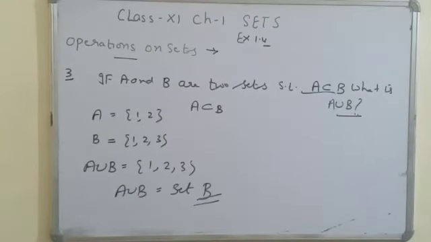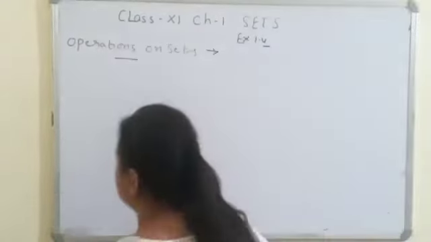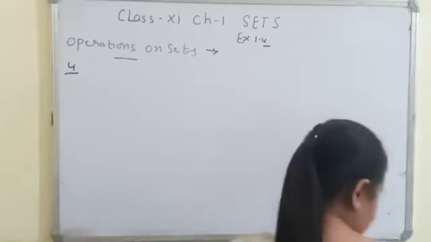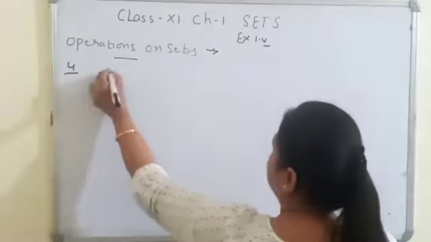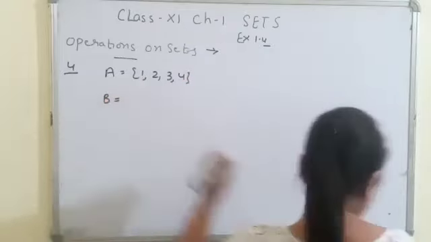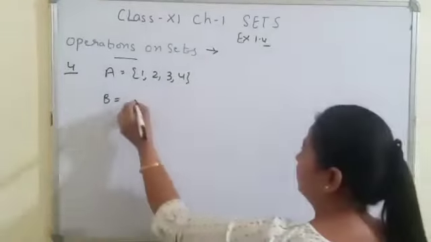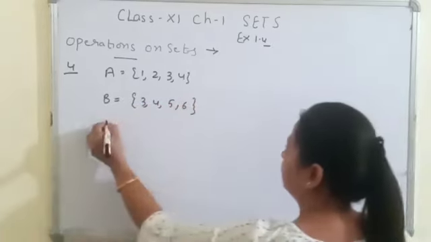Let's do a few parts of question 4, because it's the same as the first, in which we have to find the union of two sets. Simply we have to find the union of sets in the fourth question. Question 4 is a very simple question. Set A has the elements 1, 2, 3, 4 and set B is 3, 4, 5, 6.